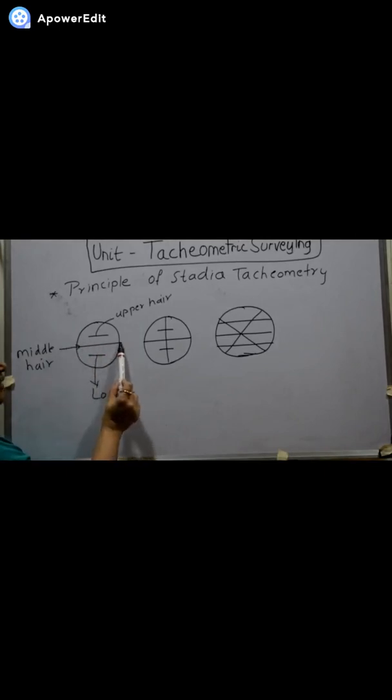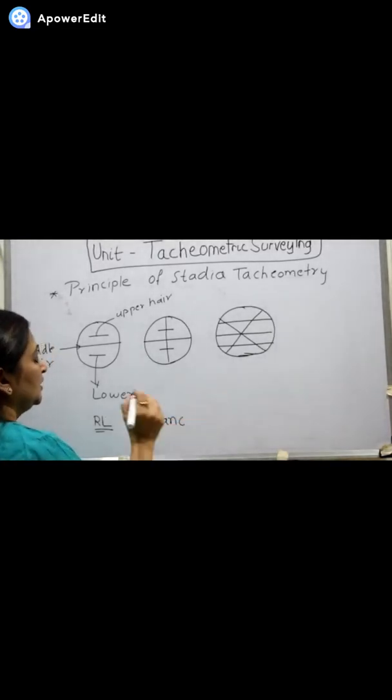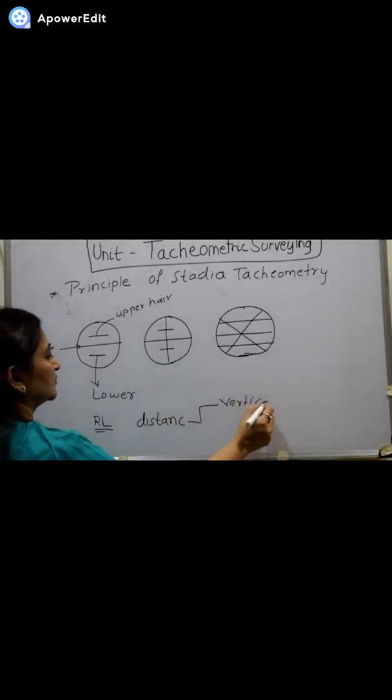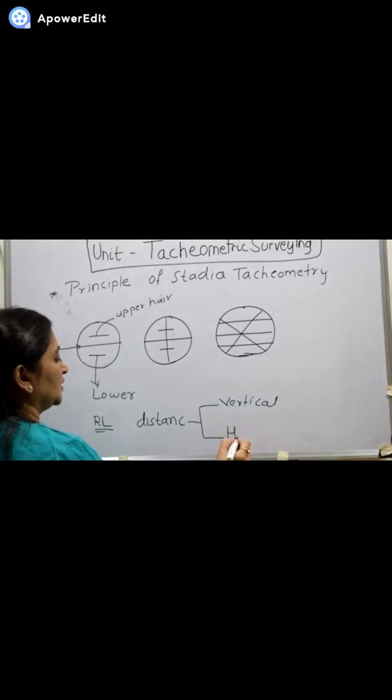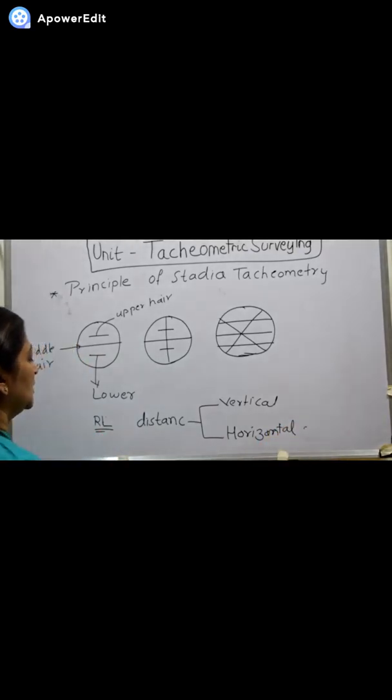The middle reading on the staff is used to find the elevation difference, or you can say the reduced level, RL. And the top and the bottom hair readings are used to calculate the distance. The distance may be the vertical distance, or the distance may be the horizontal distance.